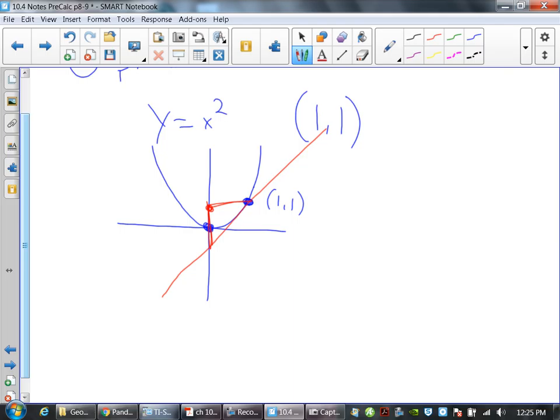Remember, the generic form of the equation of the parabola was 4p x squared. So I have to set 4p equal to whatever the coefficient of our x squared is. In this case, it's equal to 1. So that means my p value is 1/4. That places the focus of our parabola at 0 and 1/4.